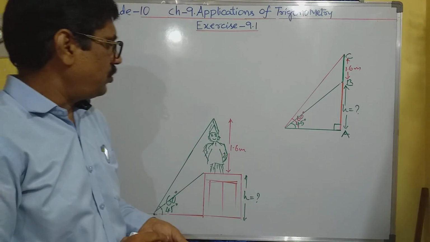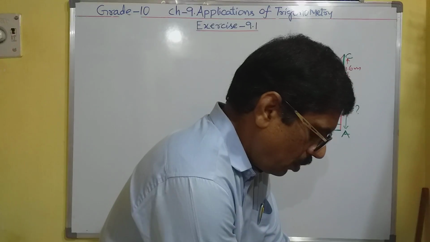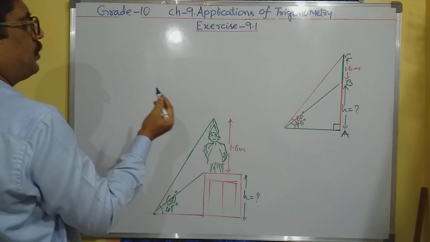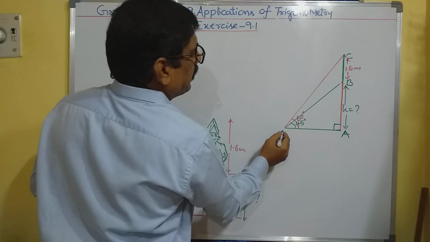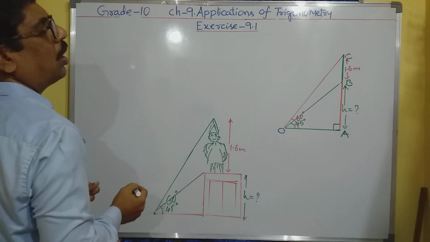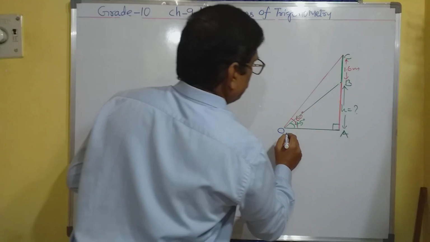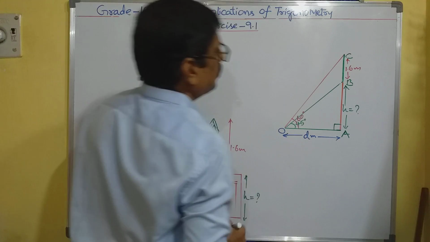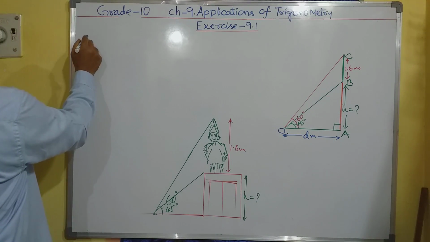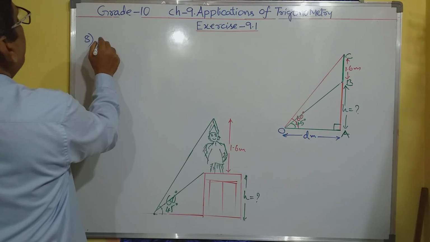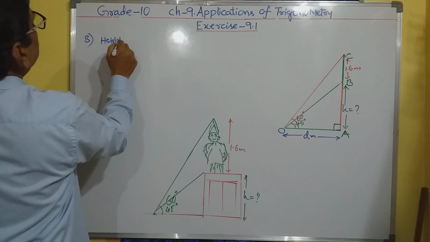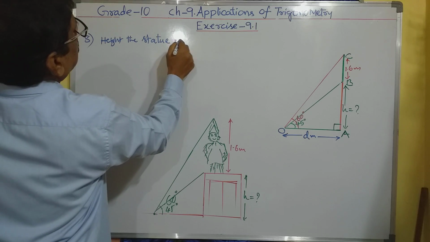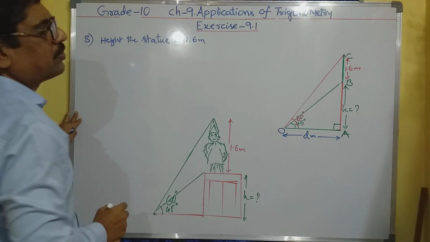Let us answer it. Okay, now first of all we need to take the information from the problem. At this point I am taking as O, observer, and let us take this distance as d meters. Okay, now this is the 8th problem. Height of the statue is equal to 1.6 meters.